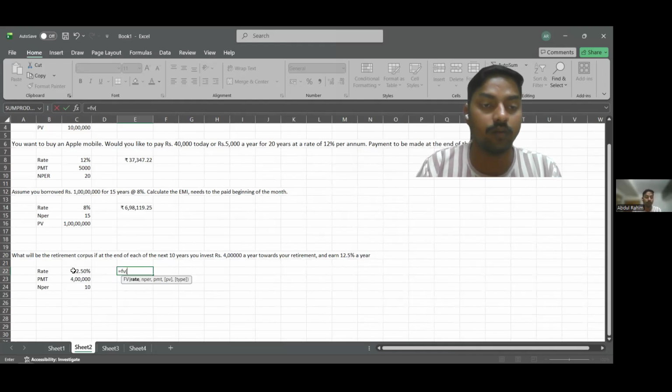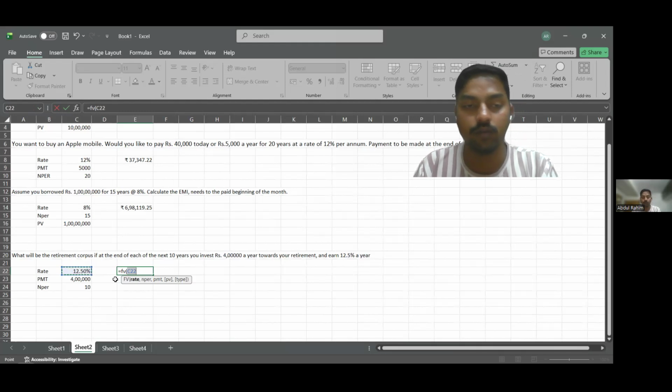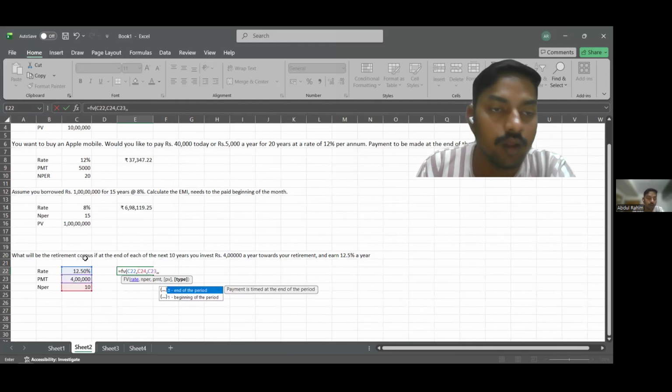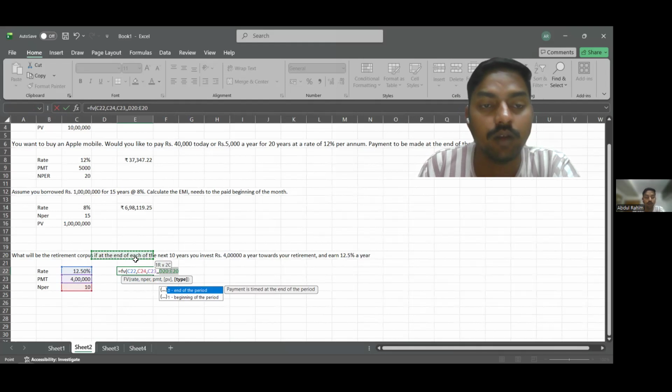bracket. First thing we take the rate and NPER 10, PMT, double comma. So here it shows we are going to invest at the end of each year.